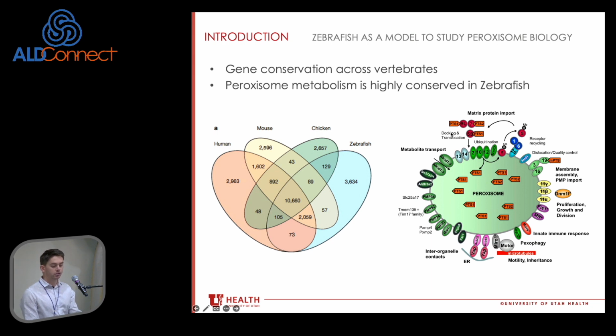Finally, when considering gene conservation in zebrafish, it's important to note the strong conservation of the vast majority of genes in vertebrates, more than 70% of them. Interestingly, peroxisome genes and metabolism are very well conserved, especially beta oxidation.